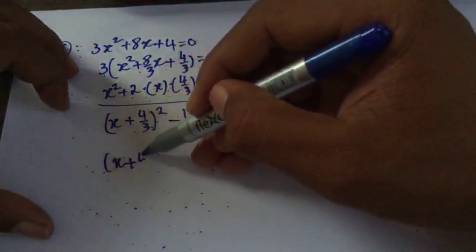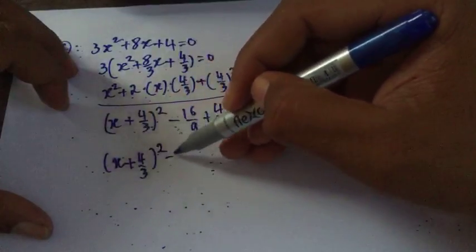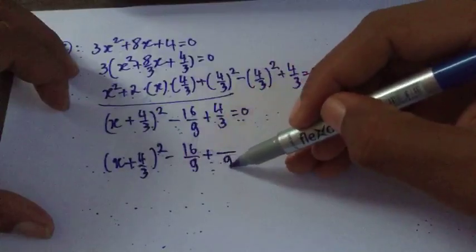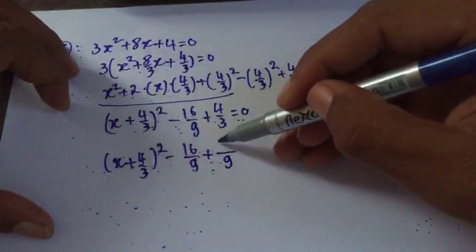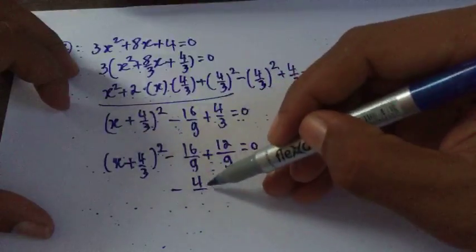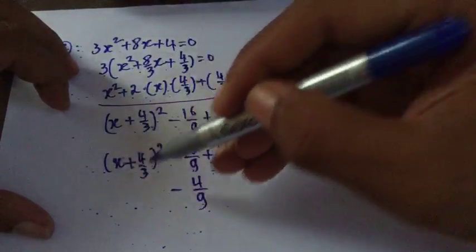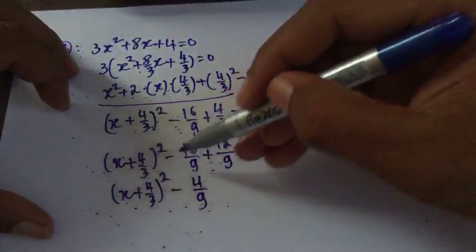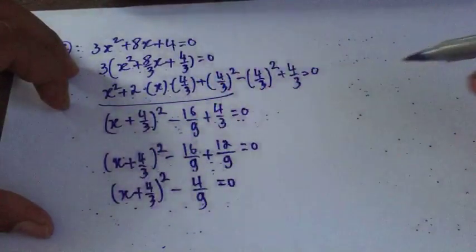So x plus 4 divided by 3 square, minus 16 divided by 9 plus 12 divided by 9, since 4 divided by 3 times 3 over 3 is 12 over 9, equal to 0. So it equal to minus 4 divided by 9, x plus 4 divided by 3 square equal to 4 divided by 9.